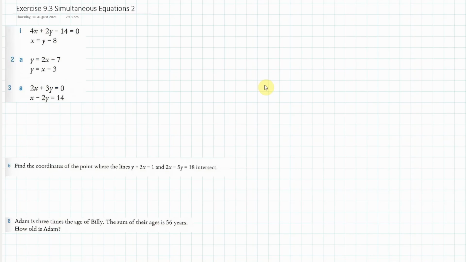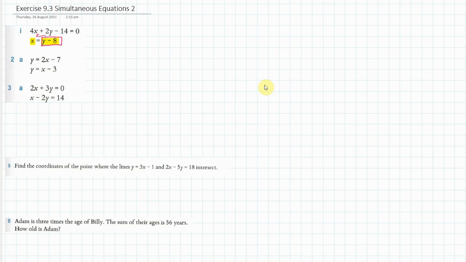We've got 4x plus 2y minus 14 is equal to 0, and then we've got this other one here in terms of x: x equals y minus 8. Now, if we know that x is equal to y minus 8, we can straight away substitute every x value in the other equation with y minus 8.